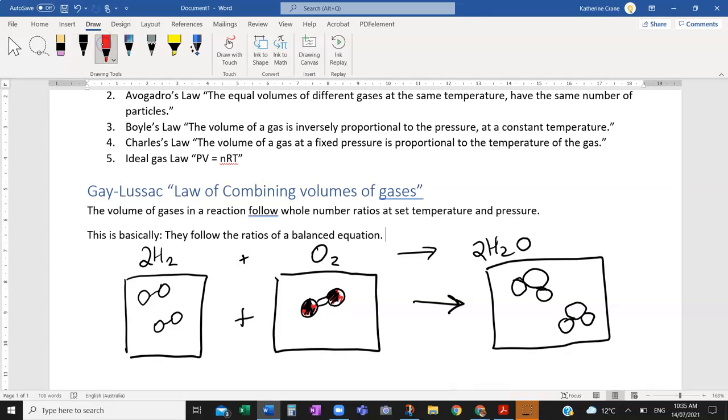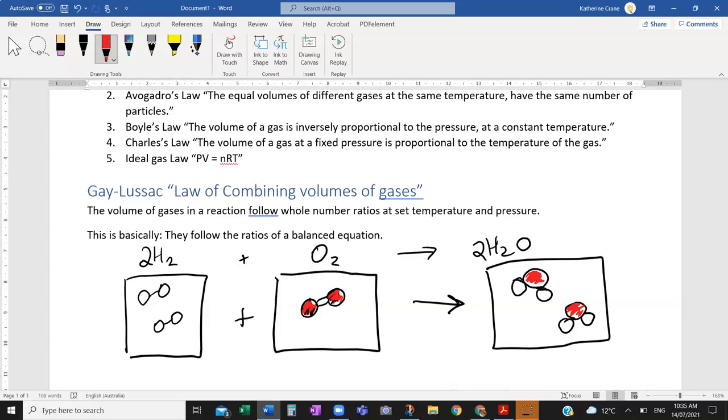I just stuck them together. There's my oxygen and my hydrogens. So you'll notice that this tells you the ratio of the particles.